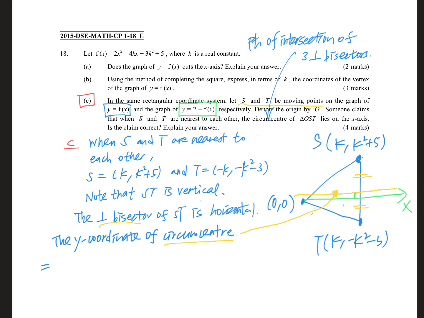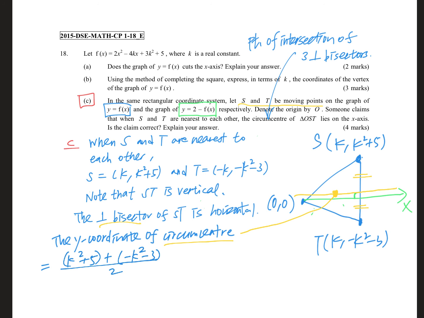So the y coordinate will be just k squared plus 5, plus negative k squared minus 3, and then the whole thing over 2.